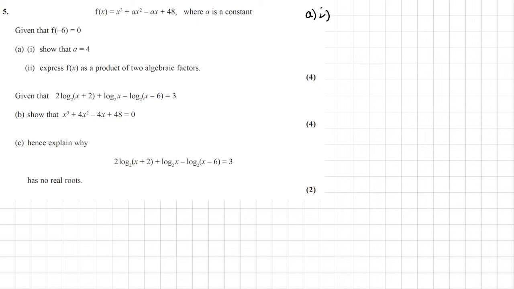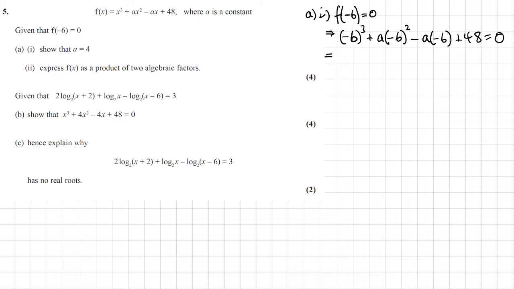Now, f of negative 6 equaling 0 basically means if I substitute negative 6 for x into that function, so negative 6 cubed plus a times negative 6 squared minus a times negative 6 plus 48, I know that is equal to 0.